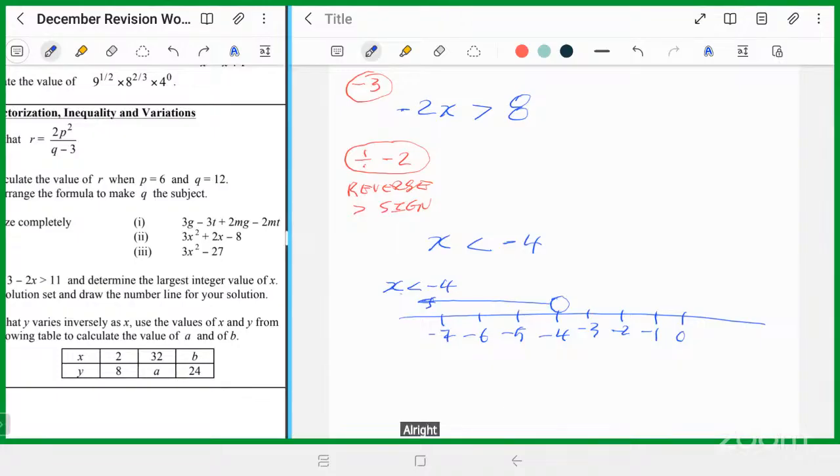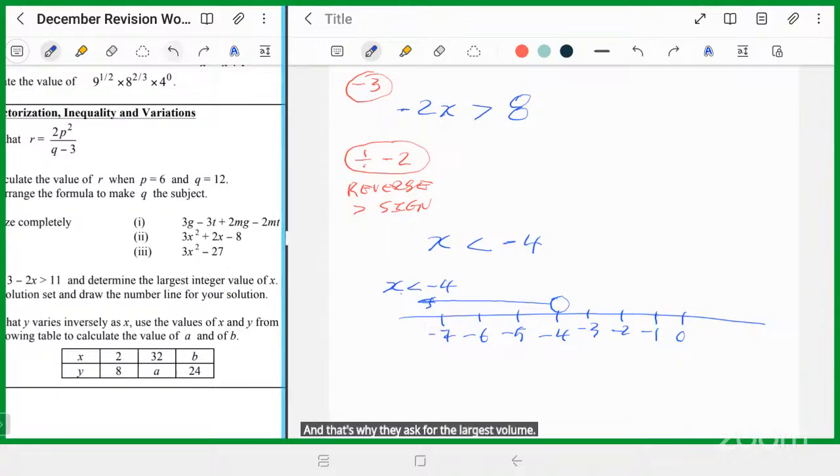Alright? So this then includes values like negative 5, negative 6, negative 7, and so on, right? And you know that the value is getting smaller and smaller that way because they're negative. And that's why they ask for the largest value.